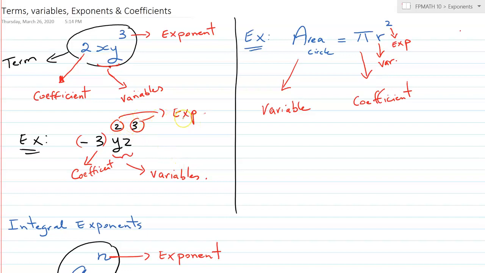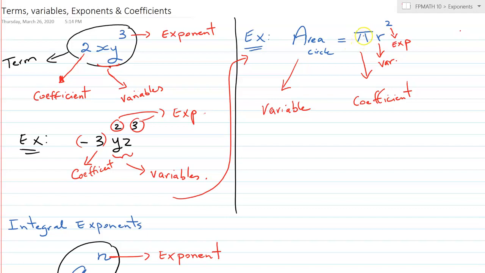All right, and let's come back here for another example. I just used a very famous circle area formula that most of us are familiar with: A equals pi r squared. So A is the variable, the area value. Pi, you have to be careful with pi.